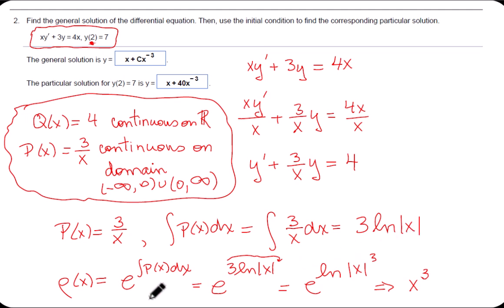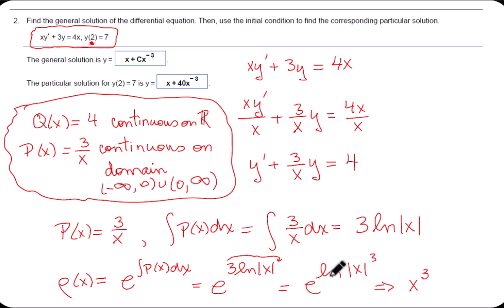So my integrating factor is e raised to that item. Now, we've used this previously: I need e to the ln of something, so I can't have that 3 in the front. By the properties of logarithms, push it back up as an exponent. Now I have e to the ln of x cubed.